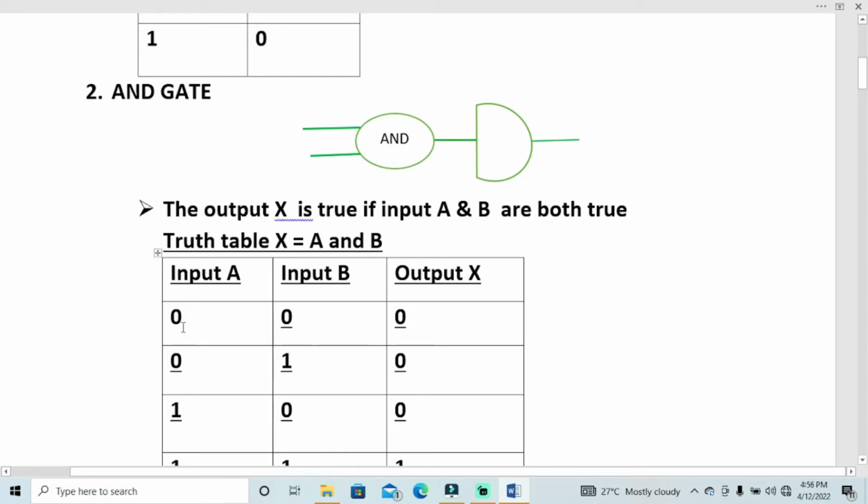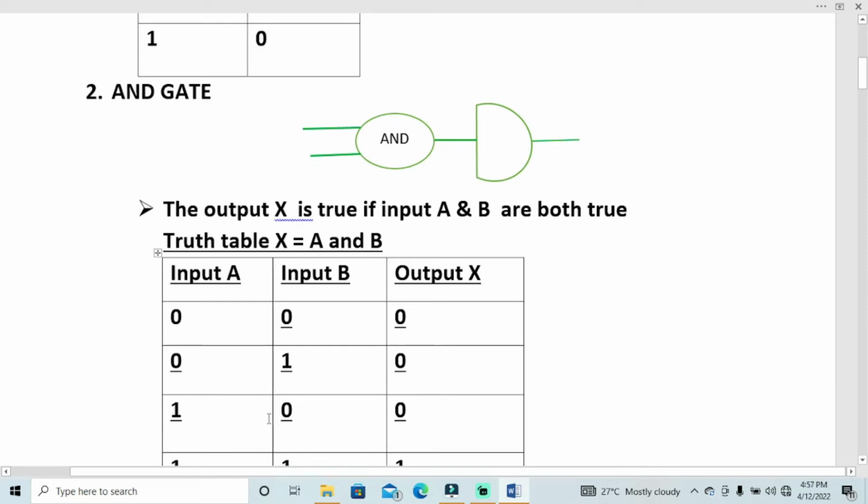So here, 0 means A is false, and 0 for B means B is false, which means the output X is not true, so it's 0. With 0 for A, which is not true, and 1 for B, which is true, we have said output X can only be true if A and B are both ones, so the output X here will be 0.